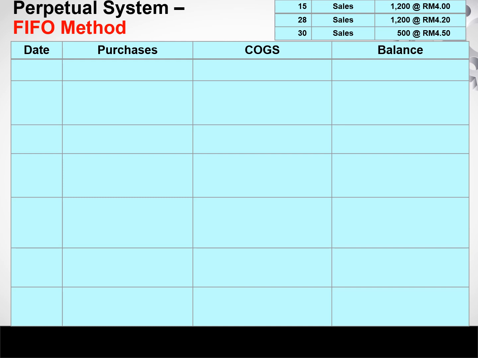Perpetual inventory system using FIFO method. On January 1st, beginning inventory balance 1,000 unit times 2 equals to 2,000. On 9 January, purchase 1,200 unit times 2 ringgit and 20 cents equals to 2,640.